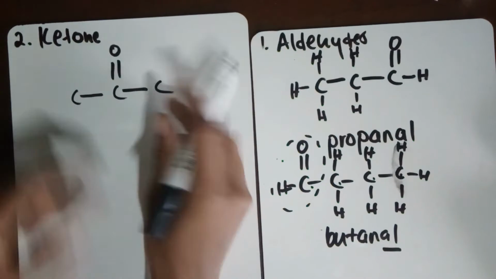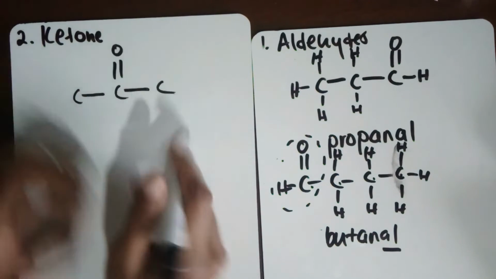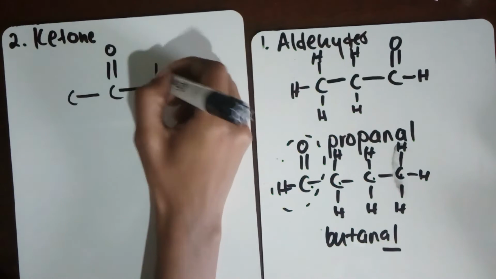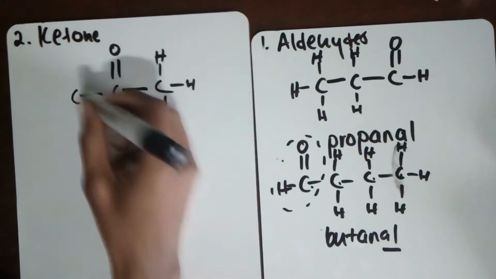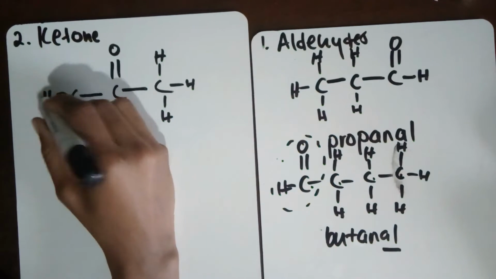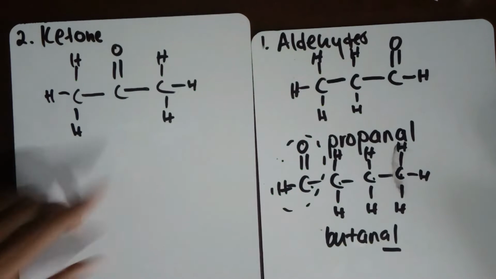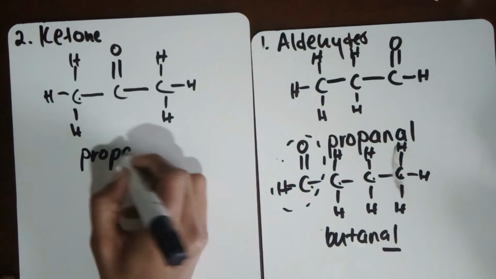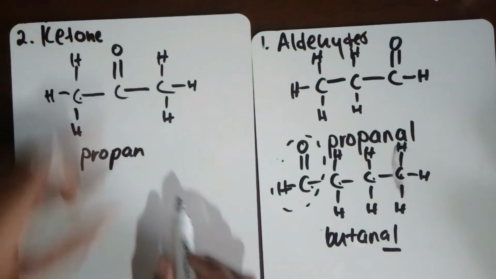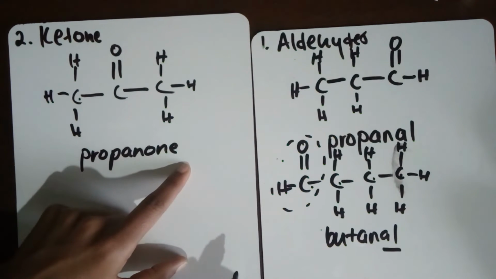It cannot be on the outermost carbons, only on the innermost carbons. And we said when we name it, it's going to end with one. So because it's 3 carbons, it's still going to be propan, and it's a ketone, so it ends with one. So this is going to be propanone.